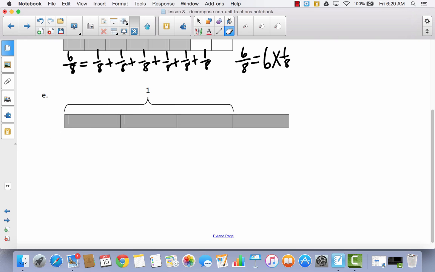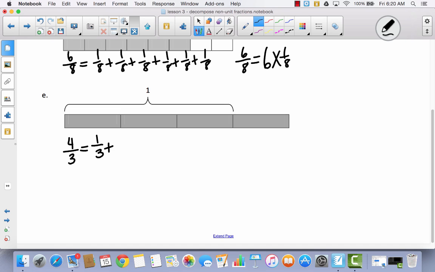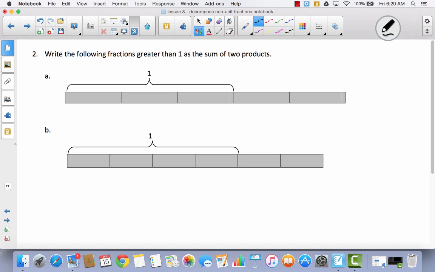This is actually 4/3. Because my whole is divided into 3 parts, that tells me these are thirds, and I have 4 of them. So my fraction would be 4/3 is equal to 1/3, and you're going to do this 4 times. And then as a multiplication sentence, 4/3 is equal to 4 times 1/3. Okay?